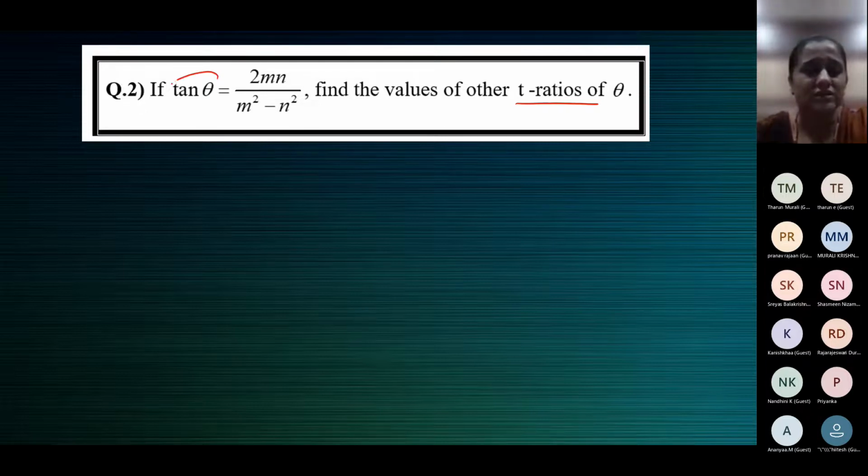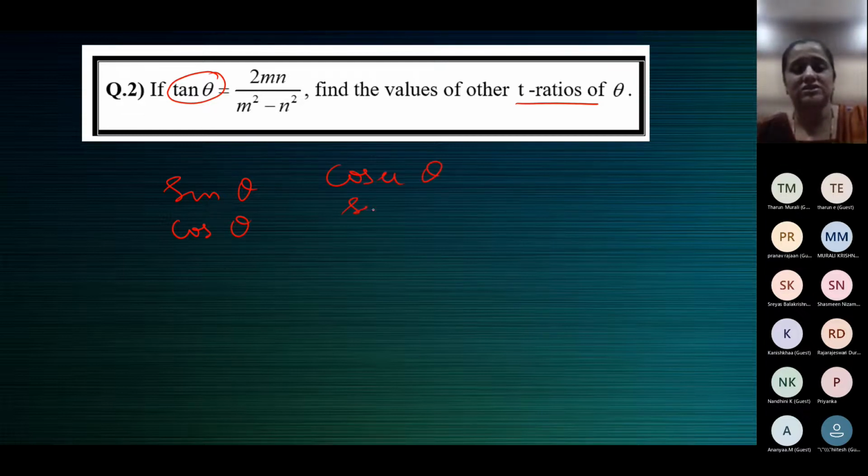Here we have tan theta. The others are sin theta, cos theta, cosecant theta, secant theta, and cot theta. These are the other trigonometric ratios of theta.